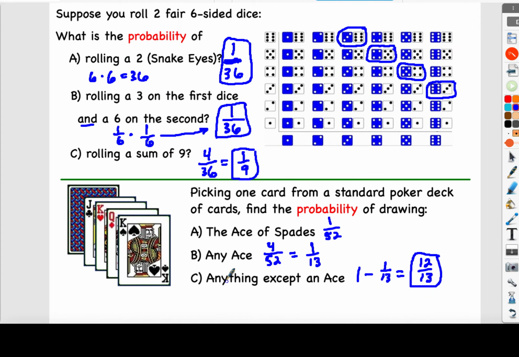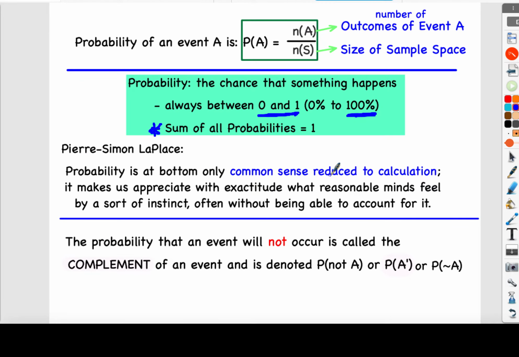We know that there are a lot of cards that are not aces, so there should be a pretty good probability, 12/13, pretty close to 1, that that's going to happen. We also know there's only 4 aces in the whole deck, or even 1 ace of spades. 1 out of 52, right? There shouldn't be much chance of getting 1 card when there's so many other cards to pick from. That's what we mean by that statement.